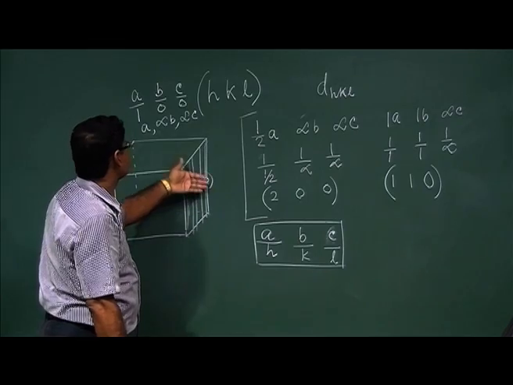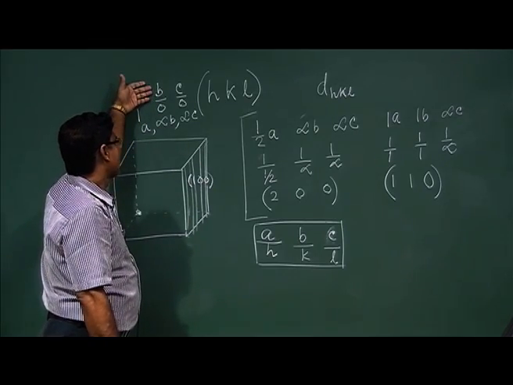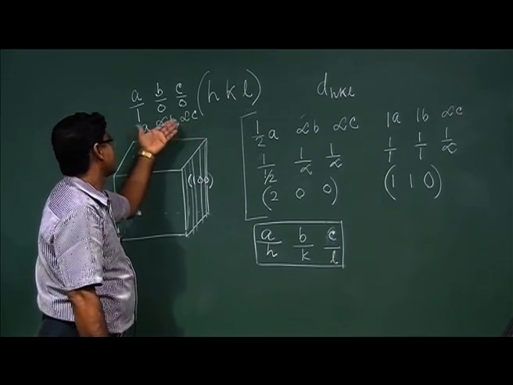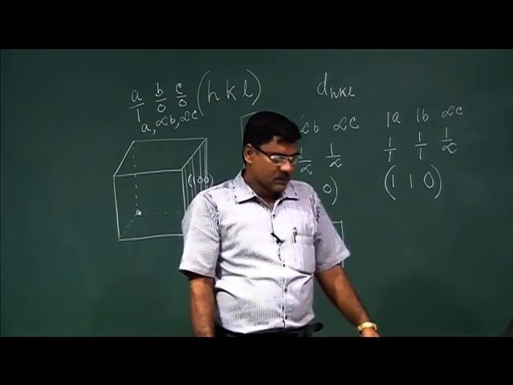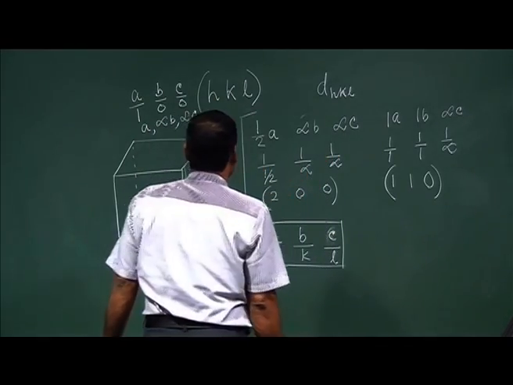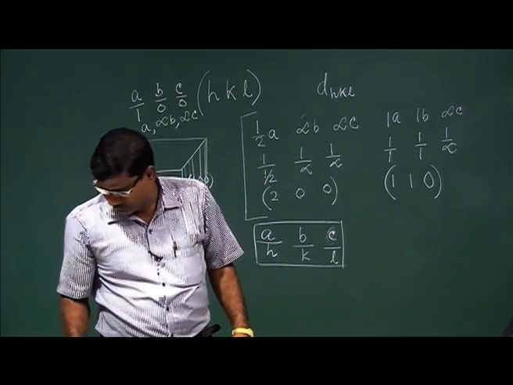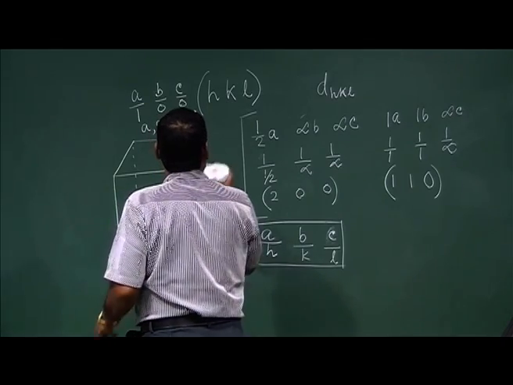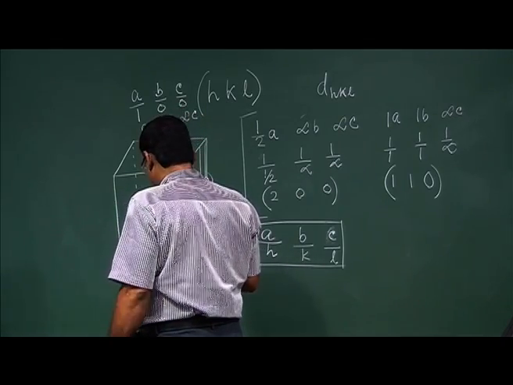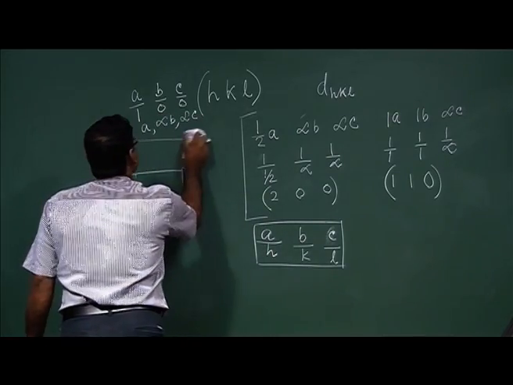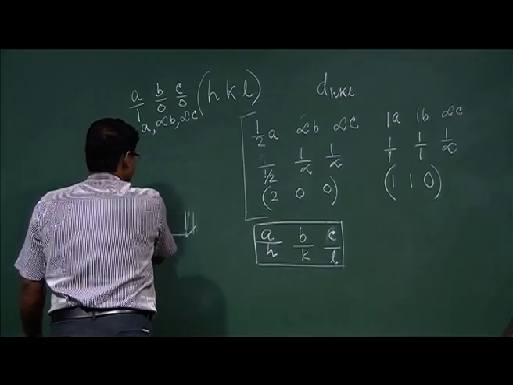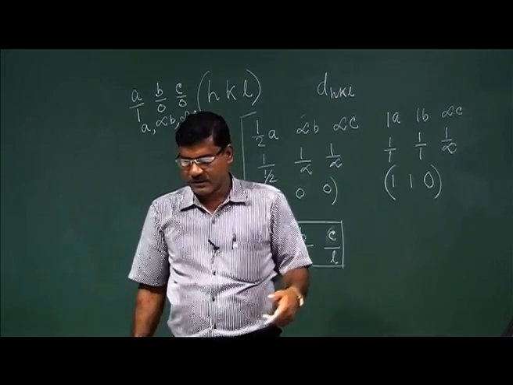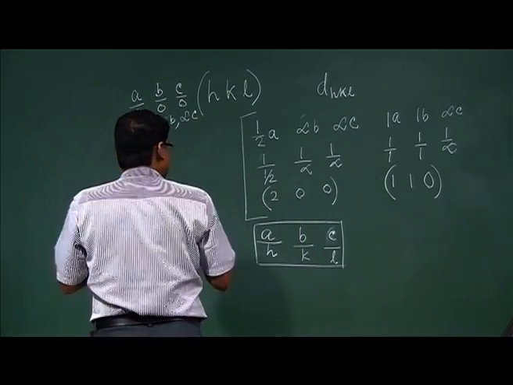Now, from the Miller indices itself we can find the intersecting length, and that is the same. This way we can get the intersecting points on the axis from the Miller indices of the planes, and this I need to calculate basically the interplanar distance.